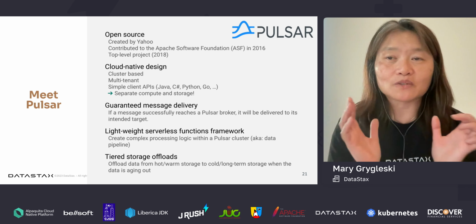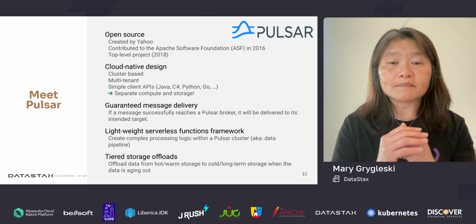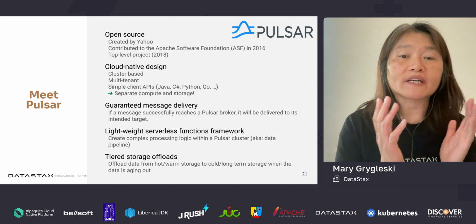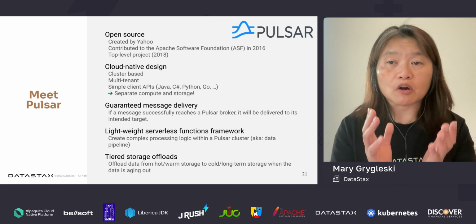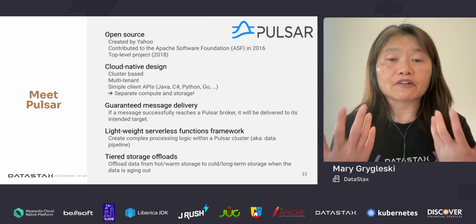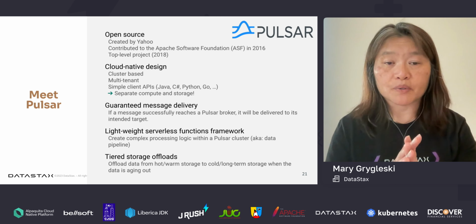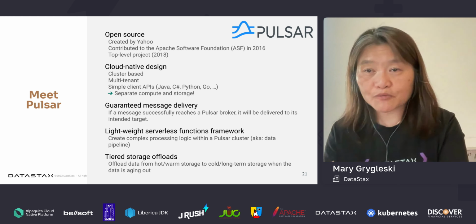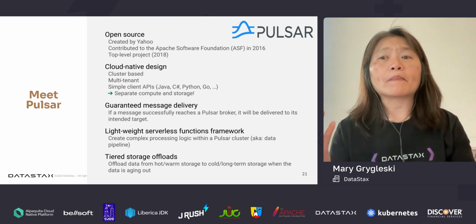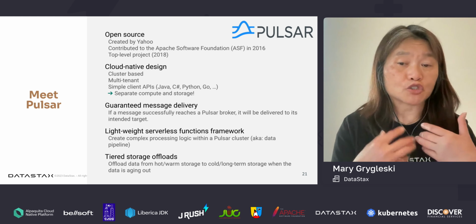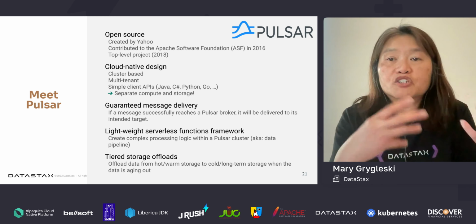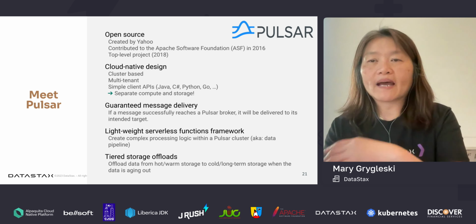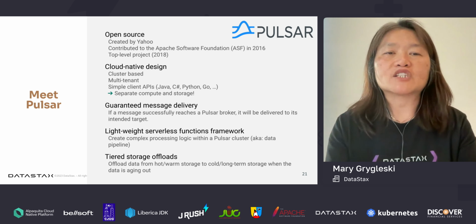Okay, so another thing too about Pulsar is that because it's an event messaging system, you want to guarantee these are async way of delivering messages. So there's also already built-in Pulsar that has guaranteed message delivery built into it too. And now, okay, so now let's move on. Pulsar also has what is called Pulsar functions. It's itself a serverless type of framework. So in other words, you're publishing your data and it travels through the pipeline and you want to do some way of transforming your data.